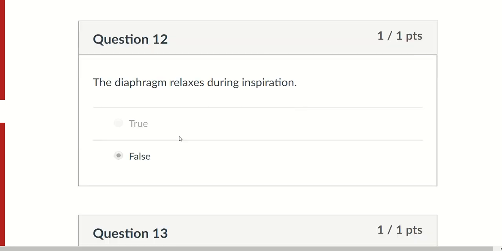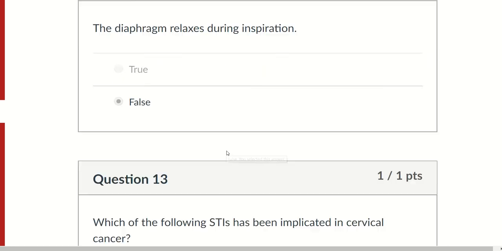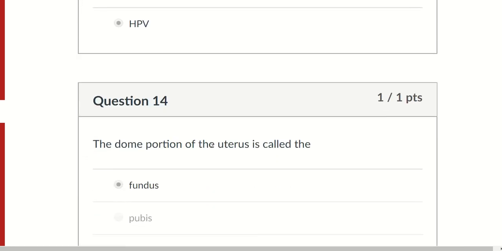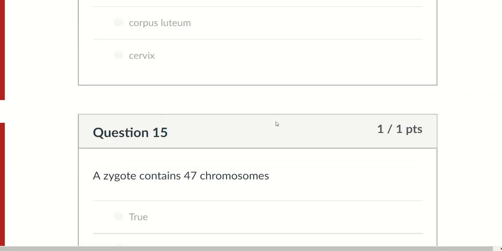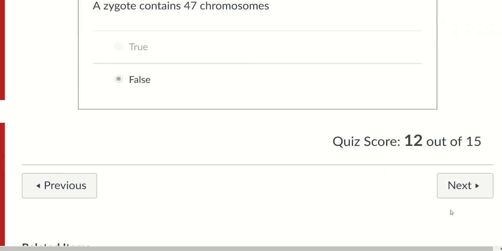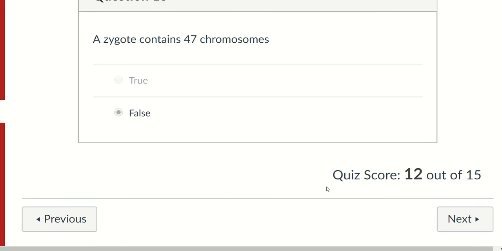Yep, diaphragm relaxes. So somebody got bailed out on that one. HPV, cervical cancer. Fundus is the dome portion. And a zygote. All right, not too bad. So let me give you the access code.